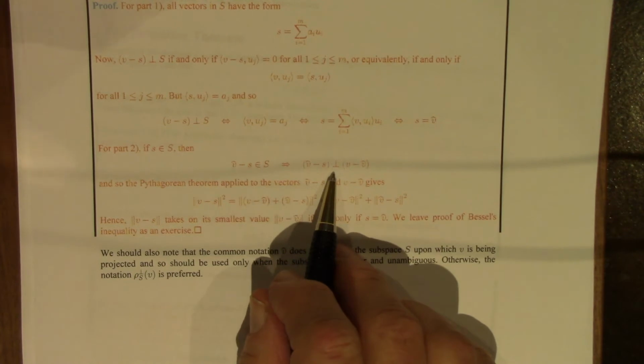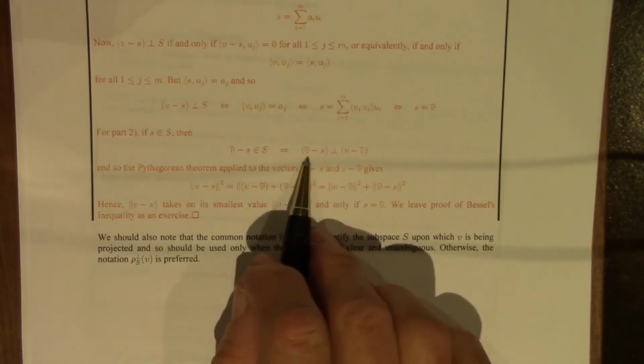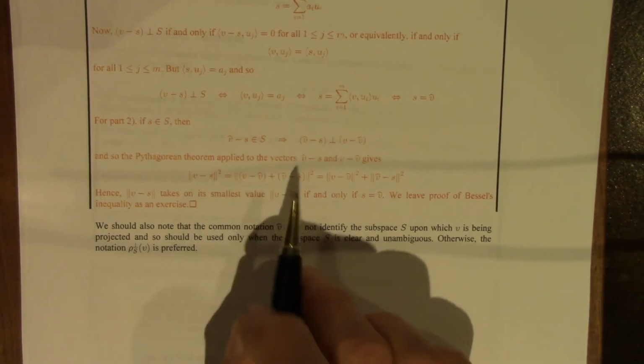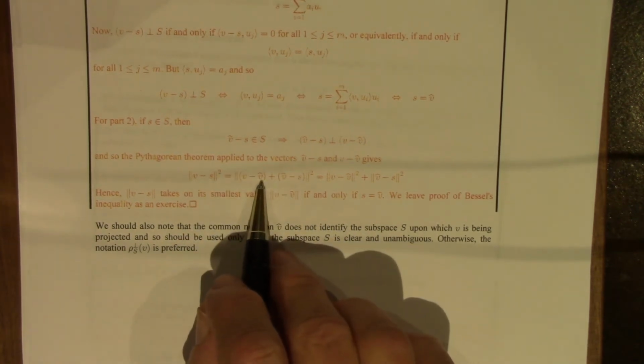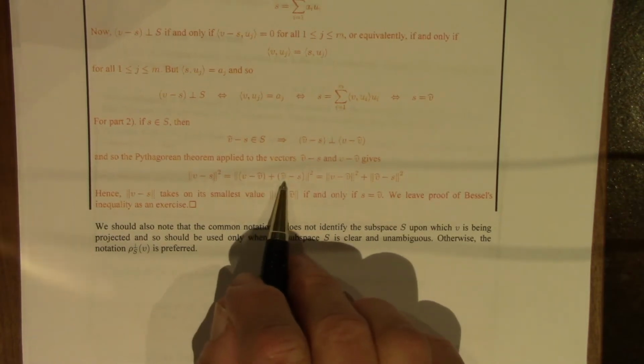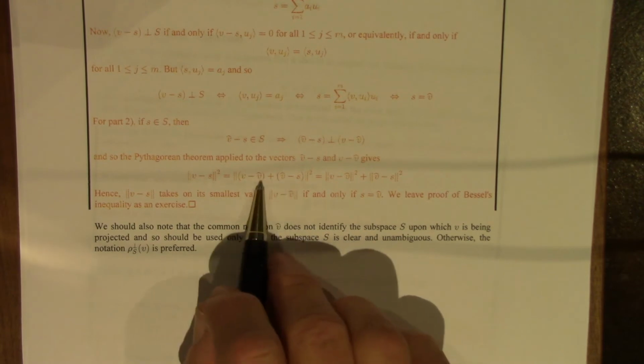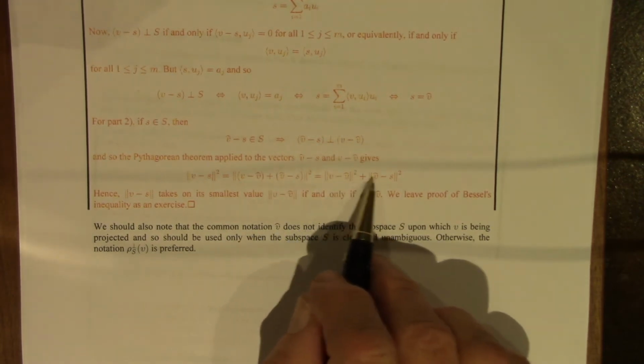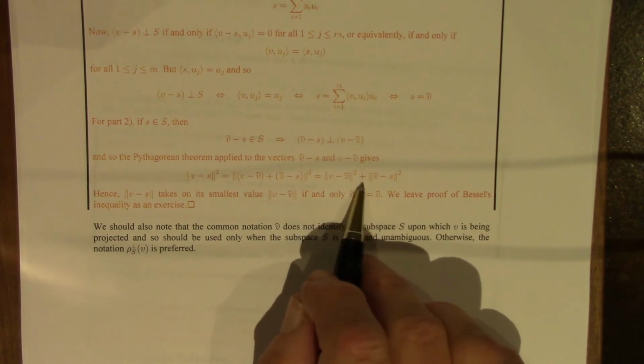So we can apply the Pythagorean theorem to these two orthogonal vectors. V minus s, norm squared. Here I've subtracted V hat and added V hat, so I haven't done anything. But these two vectors are orthogonal, so the norm squared is the square of the norms added together.